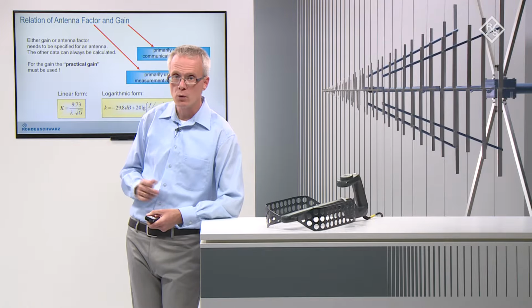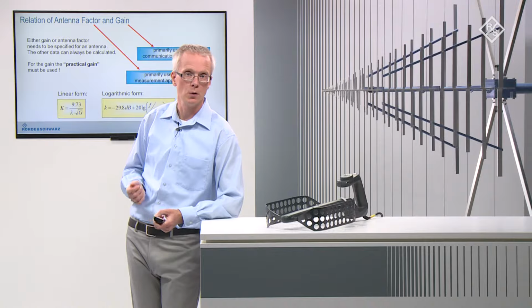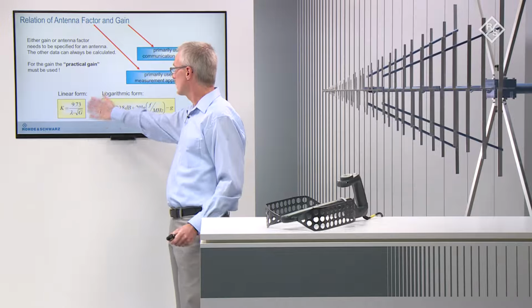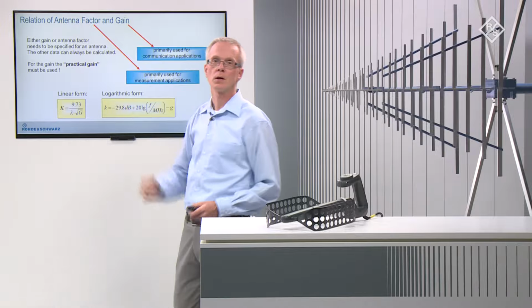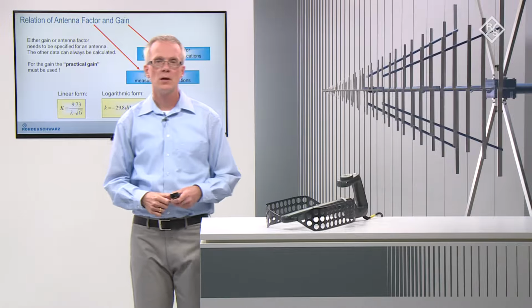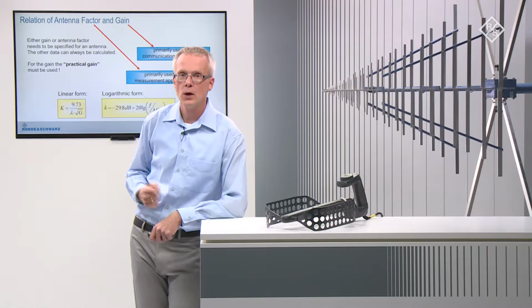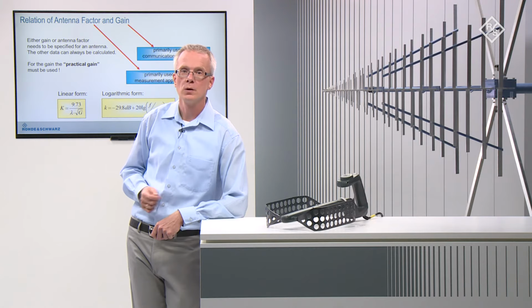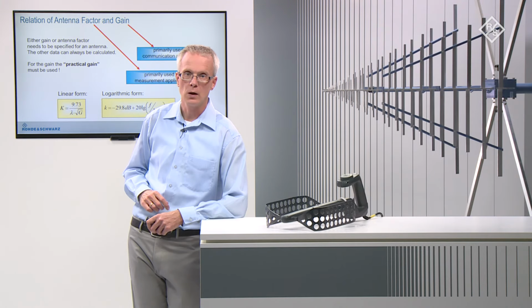However, both parameters can be transferred to each other if one knows the relationship given by the two formulas at the bottom, either in linear or in logarithmic format. It needs to be mentioned that for gain, the practical gain must be used, as all mismatch losses are included in the antenna factor as well.